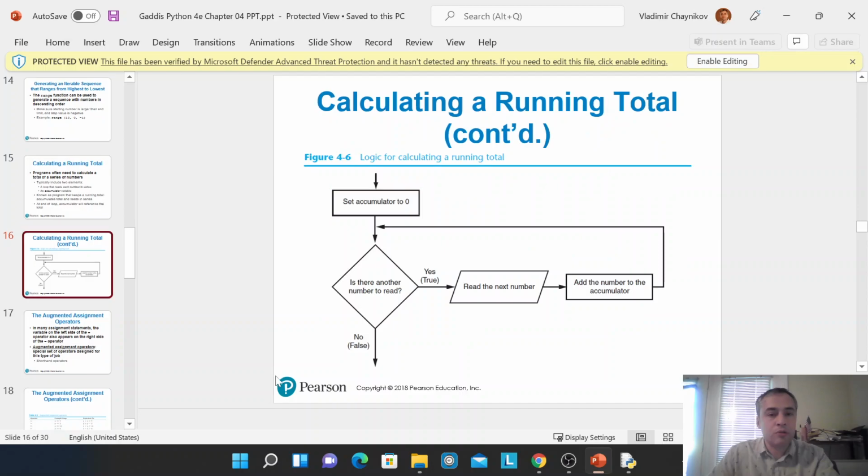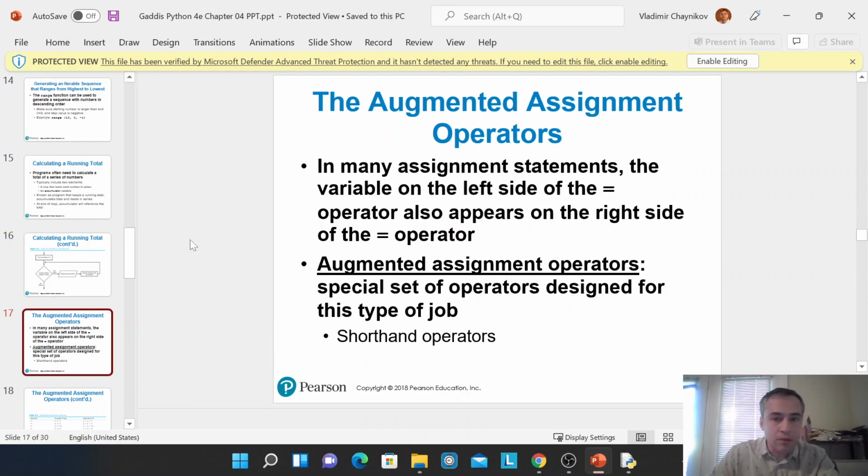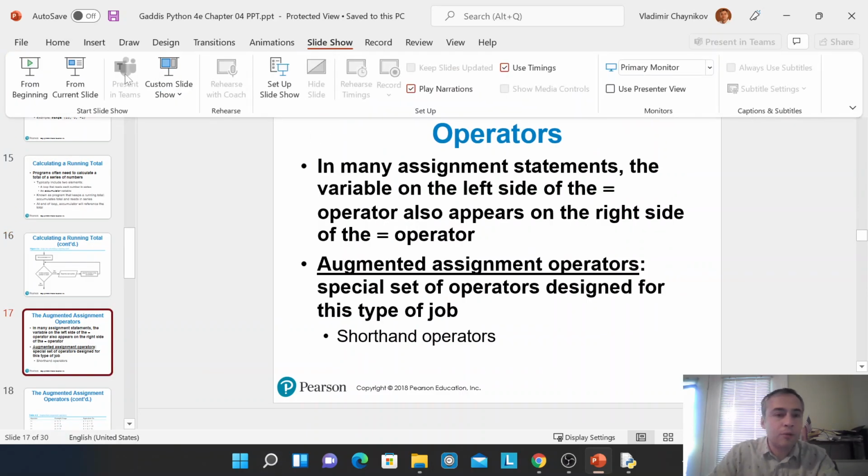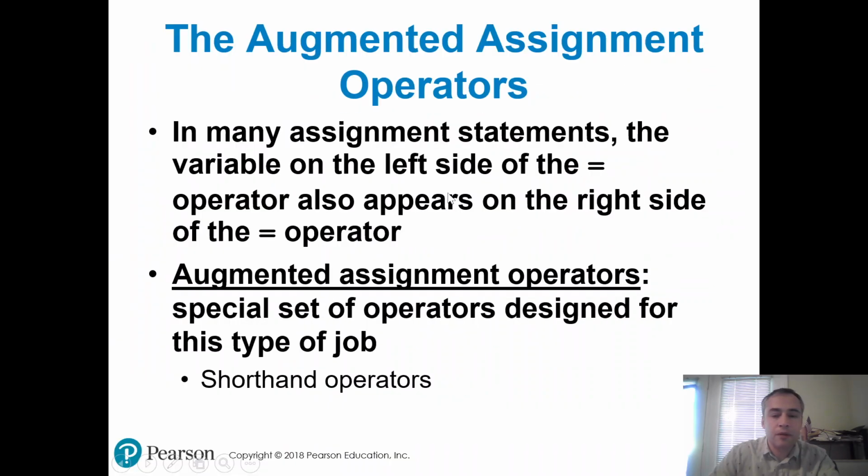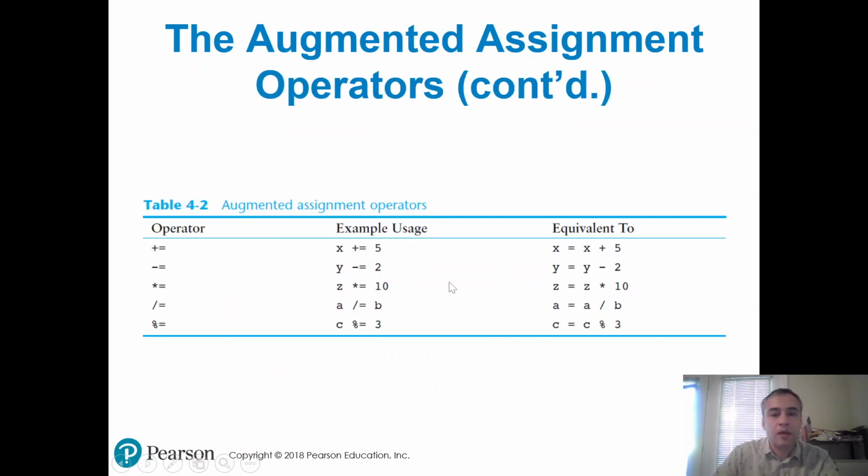Let's go back to my program. No. Let's continue for a bit, and we'll get back to my program for some interesting developments there. We need to learn about the augmented assignment operator. Instead of reassigning x equals x plus 5, like in this picture, or y equals y minus 2, there is a shorthand notation. x plus equals 5 means exactly the same thing as x equals x plus 5.